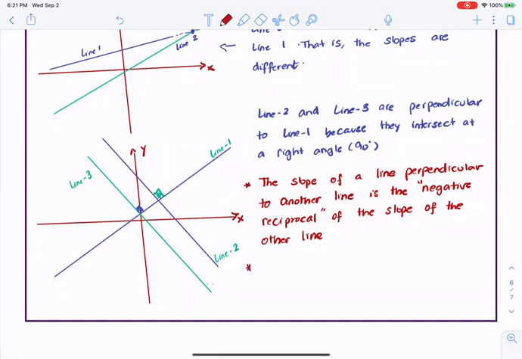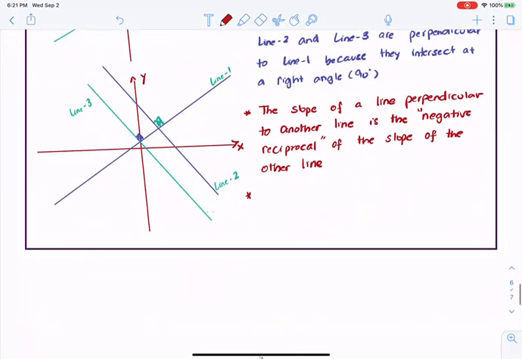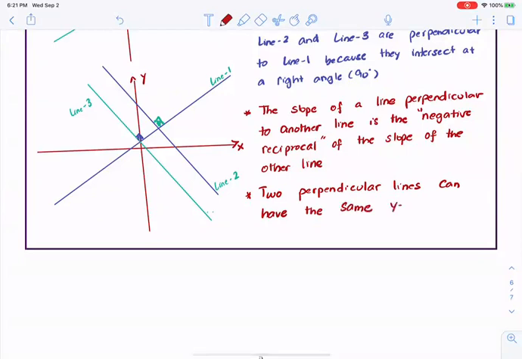Another important remark, two perpendicular lines can have the same y-intercept, unlike parallel lines which could never have the same y-intercept.